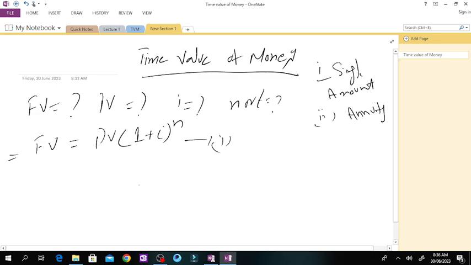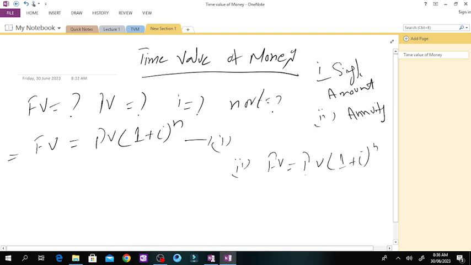For example, if we wanted to calculate the present value, look at this formula number two: future value, the same formula we are going to write over there, (1 plus I) power n.